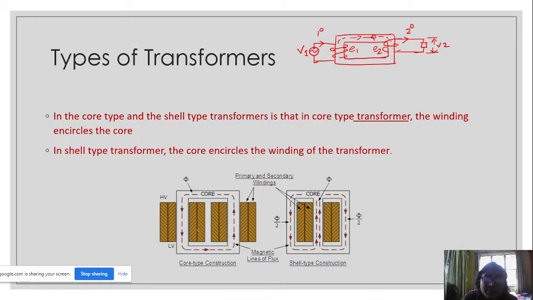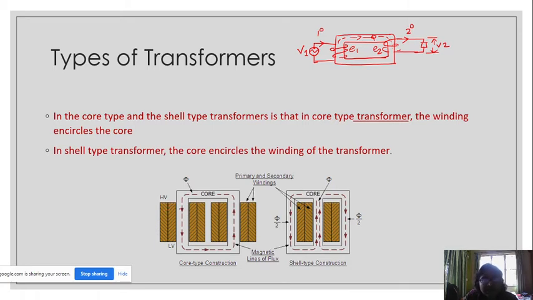I have given you two diagrams so that you can understand it in a better way. In the case of a core type transformer, these are the windings. These windings actually encircle the core. This is the primary and the secondary winding.